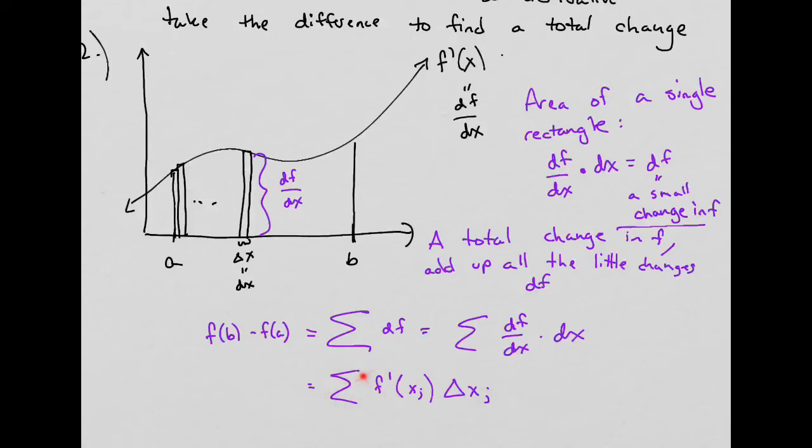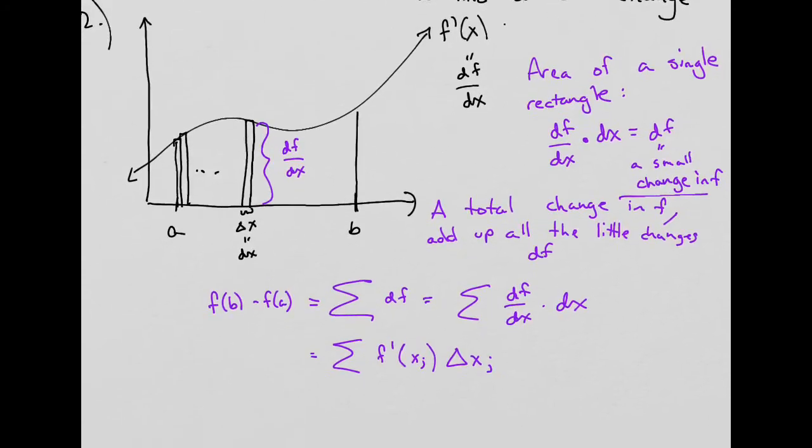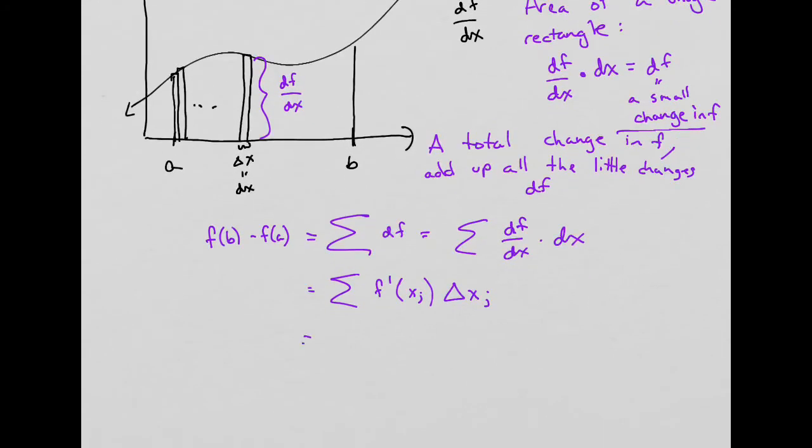I know I've been ignoring the stuff that goes on the summation. I hope you realize this: if we let the limit as j goes to infinity, so let the number of rectangles go to infinity. Oh, let me change j to n. So erase, this should be an n.